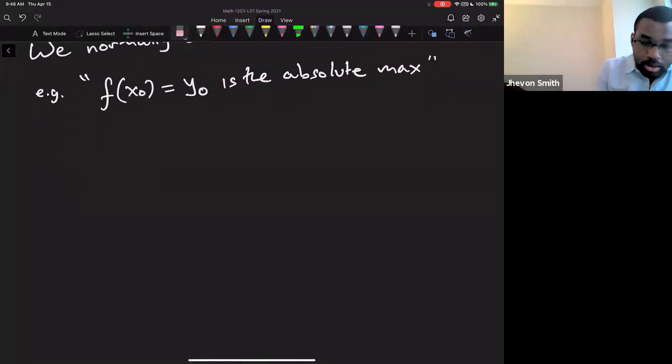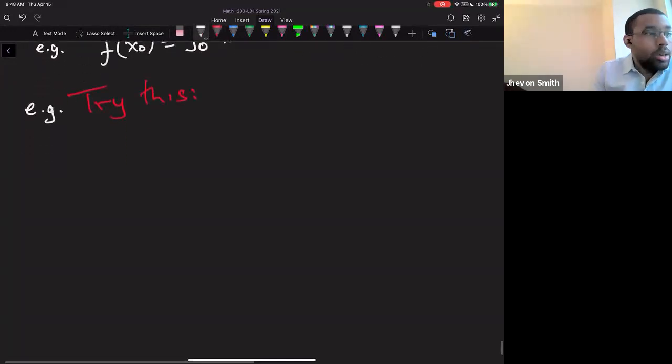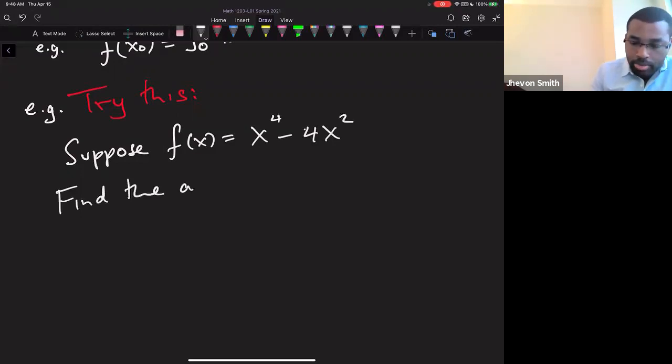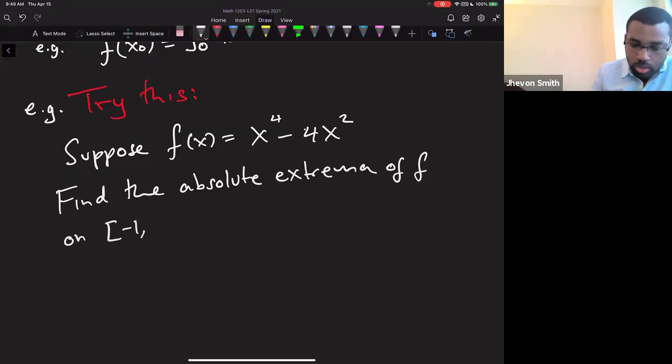I'll leave you guys with an example that we will pick up with next time. Suppose f of x equals x to the 4th minus 4x squared. Find the absolute extrema of f on the interval -1 to 3.